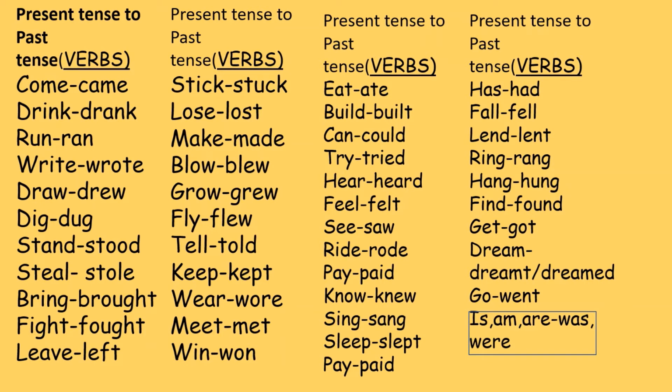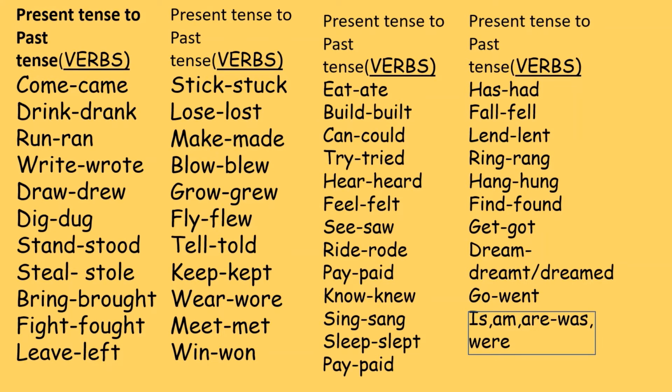I have explained what verbs are before, and today I'm focusing on the past tense. You may see the words are spelled differently. For example, I have the word, let's say, draw, D-R-A-W, draw.